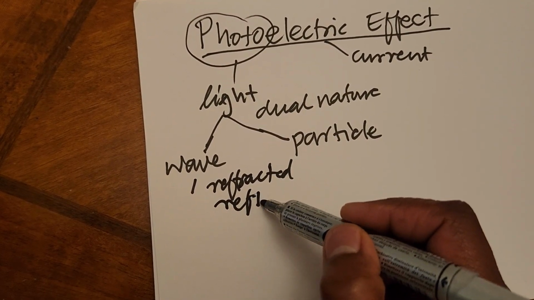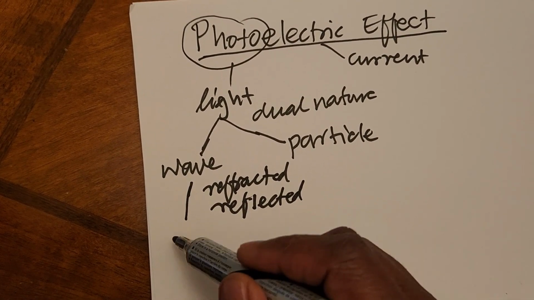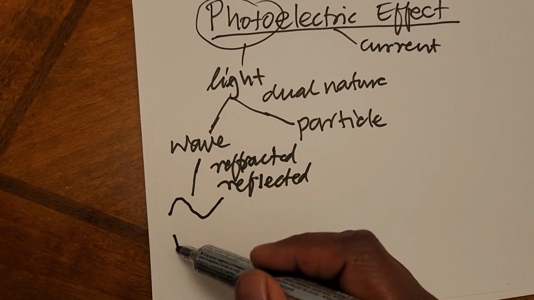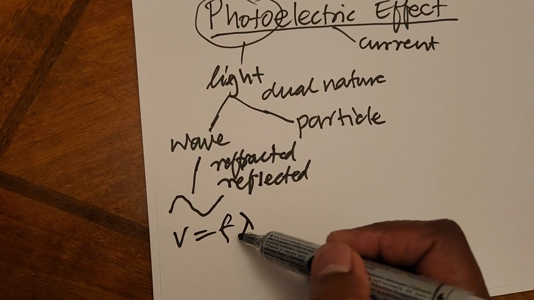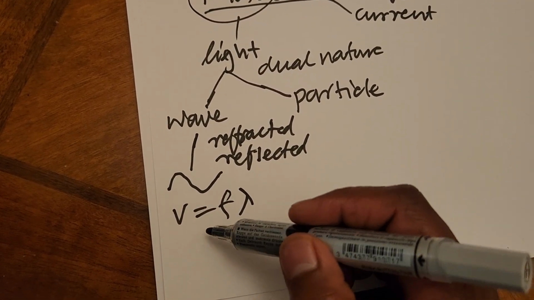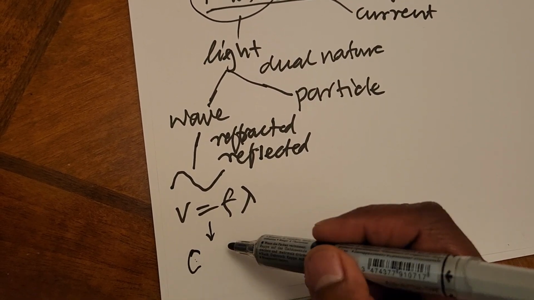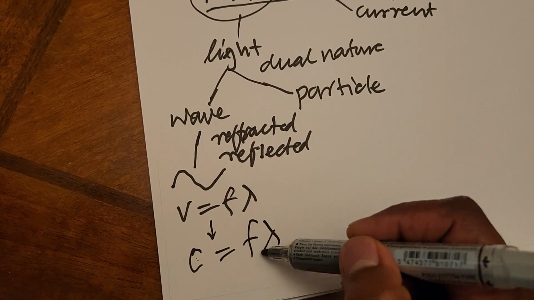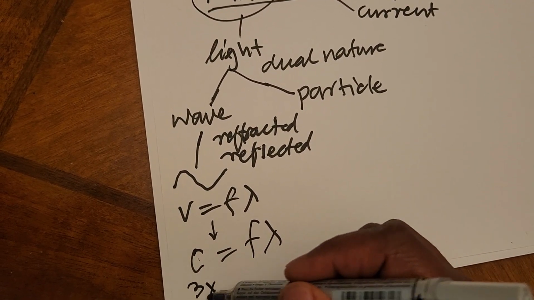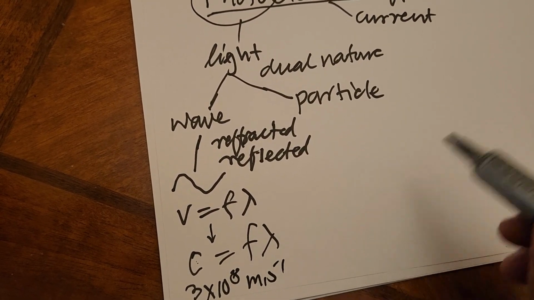Light can travel in the form of a wave. Therefore, we can calculate the speed of light using the wave equation. Since the speed of light is constant, the formula is c equals f multiplied by lambda, where c is a constant value of 3 by 10 to exponent 8 meters per second.